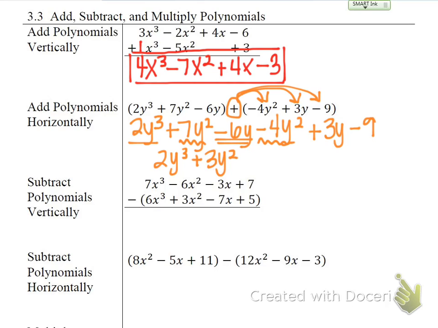I have a negative 6y plus 3y, so that's going to be minus 3y. And then I have this minus 9 all by itself, so that's going to be minus 9. So really all that we're doing here is combining like terms.